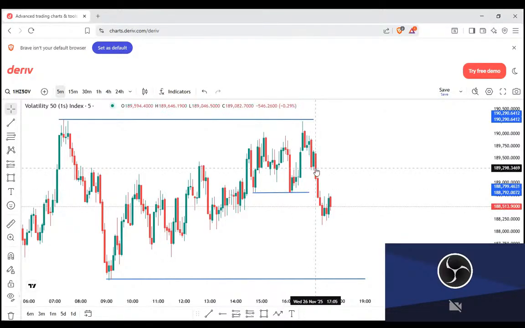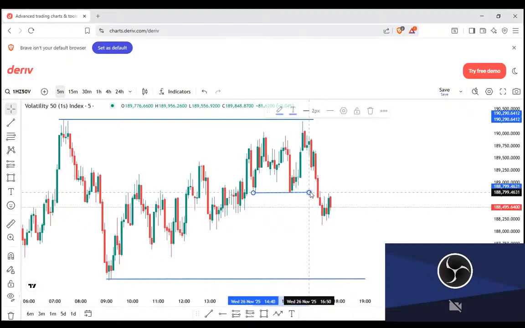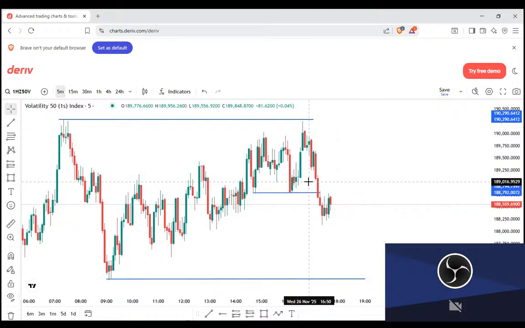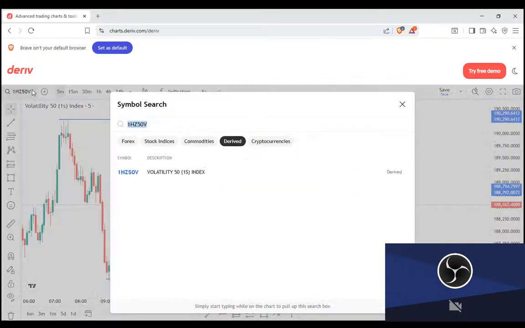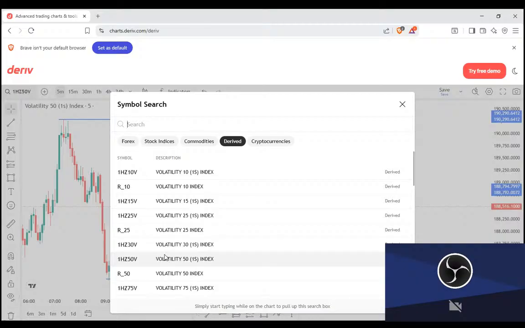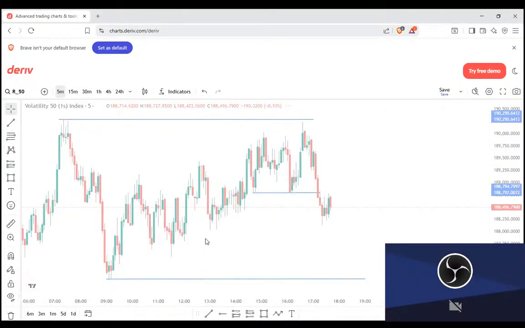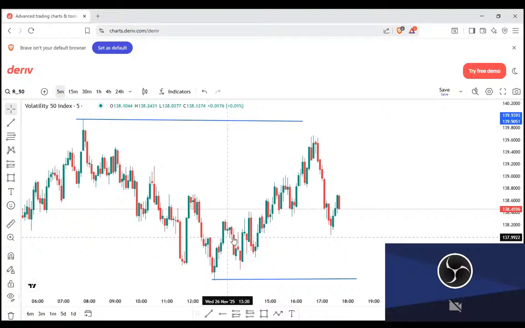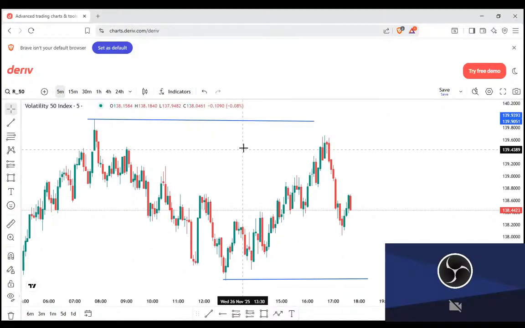I want the price to retrace. The price reacted at this low. I want to see it retrace now. 50 index, price went all the way.